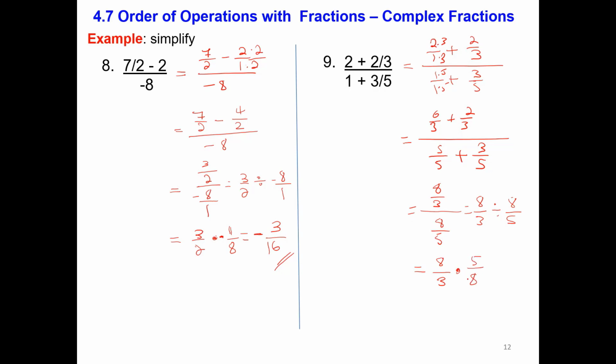And we say in class, if we had multiplication, we can just cross out the 8s, and we will have the final answer with 5 over 3. Also, if you want, you can multiply 8 times 5 is 40, 8 times 3 is 24, and then reduce. You can divide by 8 will be 5, divide by 8 will be 3. You will get the same answer.